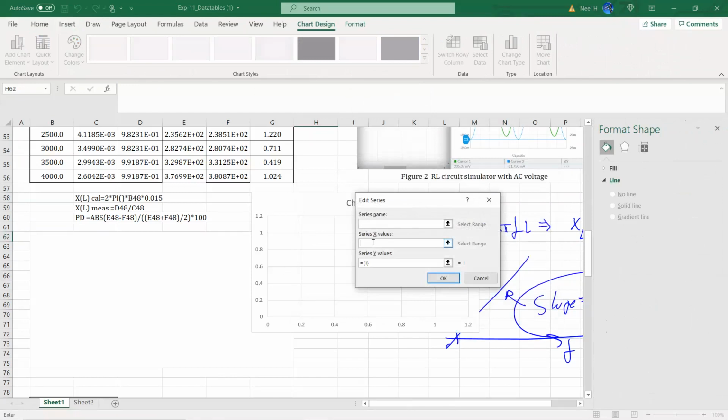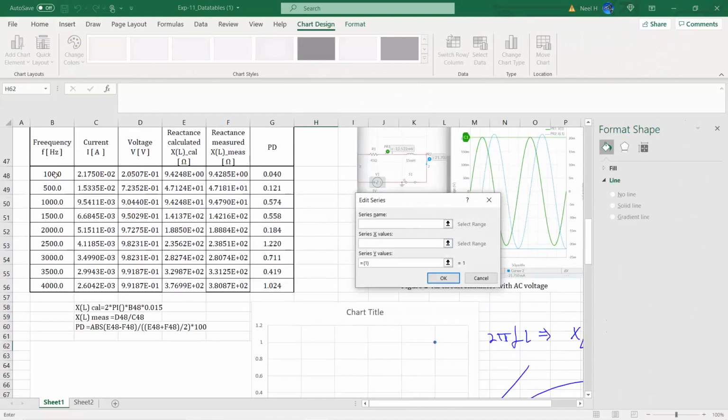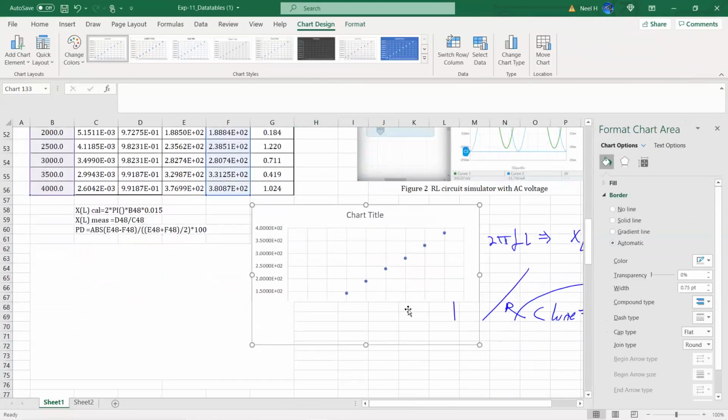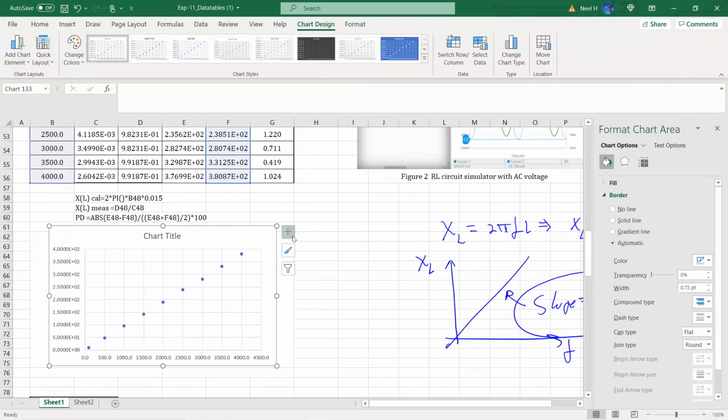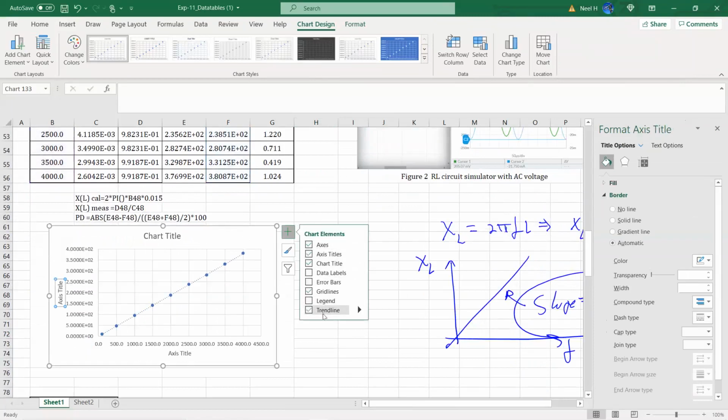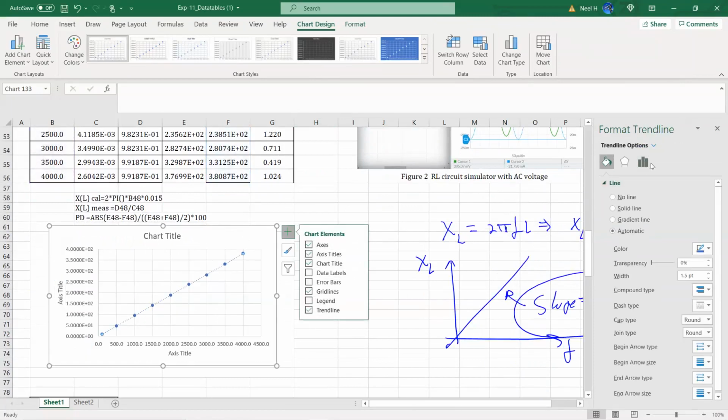Scatter plot: the x value should be frequency, and the y values the measured reactance, because we would like to use the experimental values. Click OK again. Nice linear graph. Axis title, trend line, format trend line.